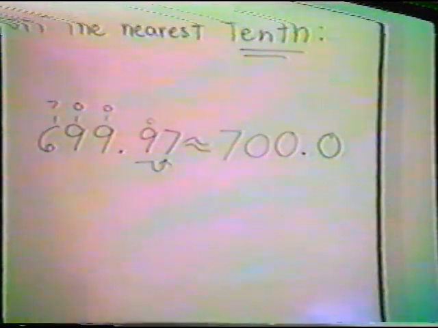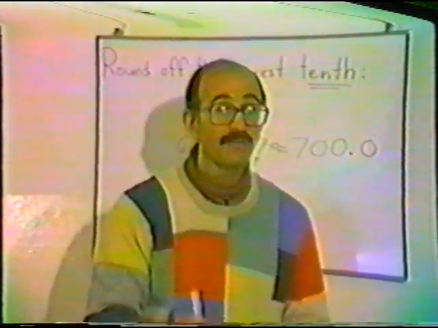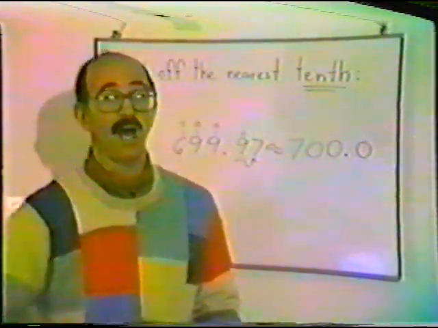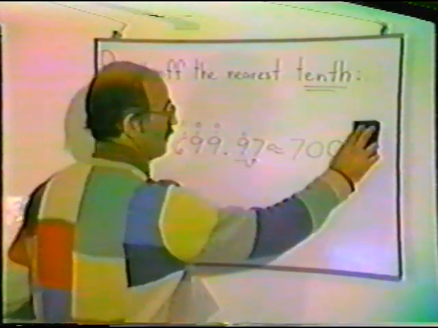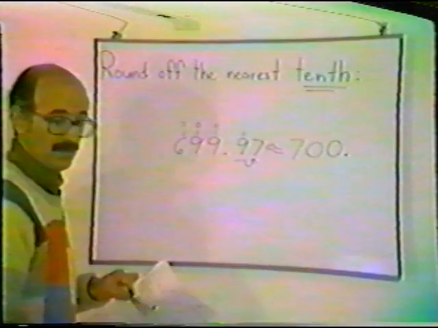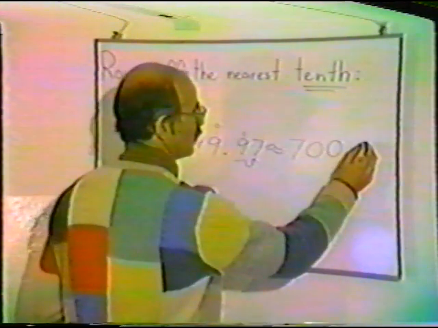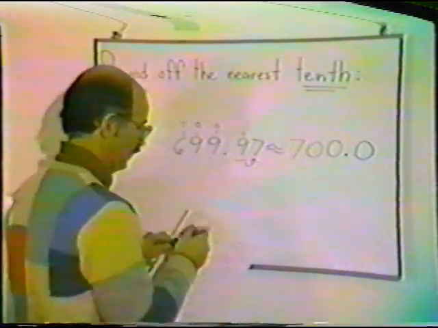Yes, we're told to round it off to the nearest tenth, so we have to have a number there in the tenths place. I admit to you that this number is the same as this number, but when we're rounding it off, we have to follow the instructions precisely and fill the tenths place.